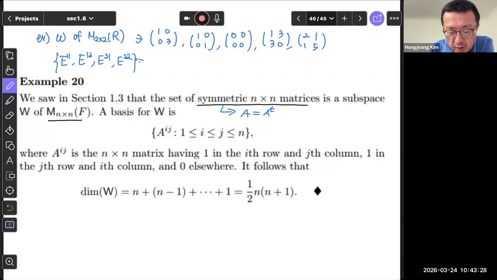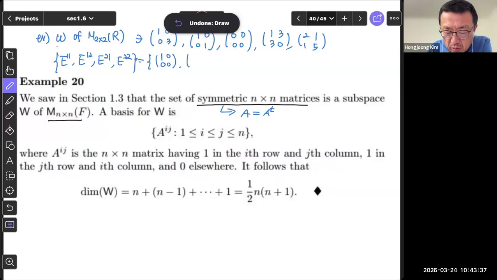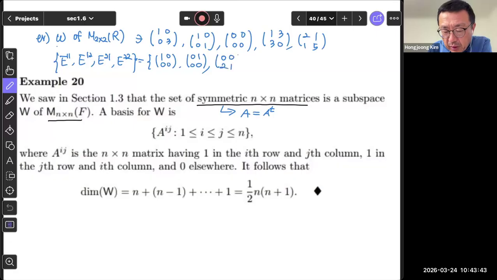In other words, E to the 1 1 is the 1 0 0 0 matrix, E to the 1 2 is 0 1 0 0, E to the 2 1 is 0 0 1 0, and E to the 2 2 will be 0 0 0 1.